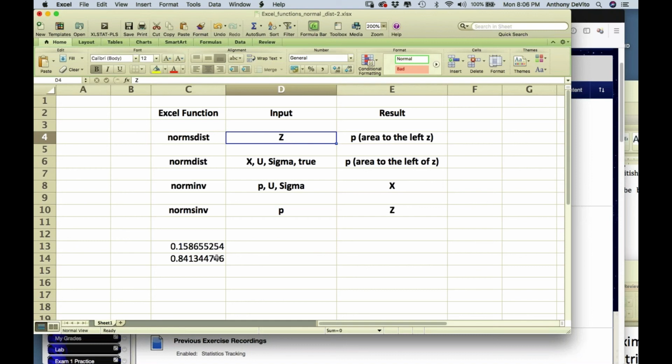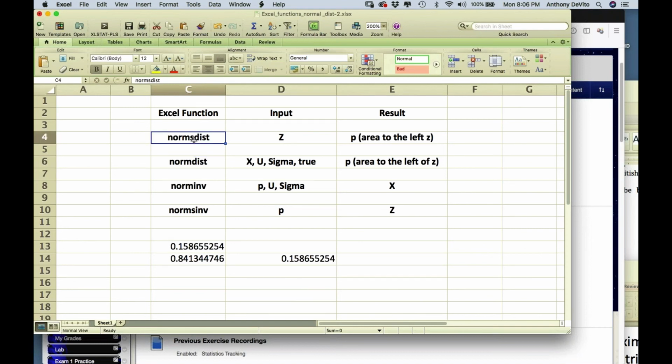If I asked you what would be to the right of a z-score of 1, this is what would be to the left of it. What would be to the right of it is equal to 1 minus that value, which is going to be our 16% at the upper end as well. So you can use that function, NORM.S.DIST. There's another one that doesn't have S in it.